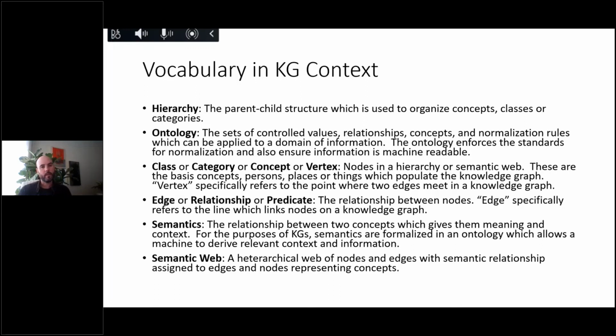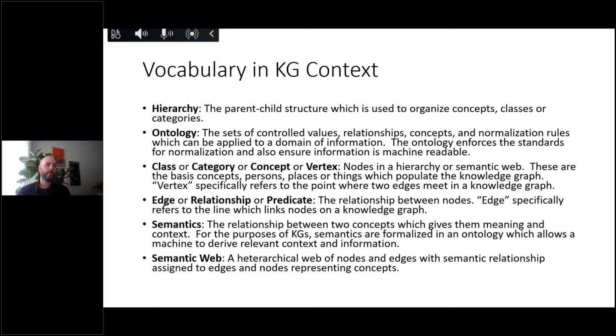Now the vertexes are connected by edges, and edge is analogous to vertex in that it's a more mathematical term and it refers to the lines in between the different nodes in a knowledge graph. You might also see this referred to as a relationship.